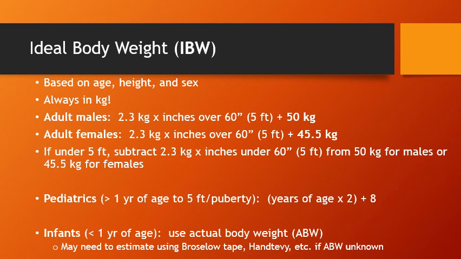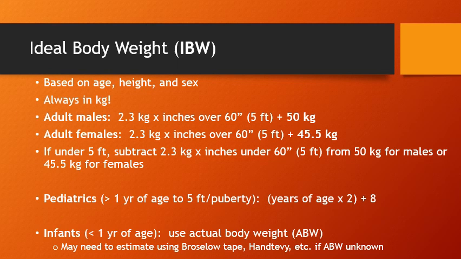So, for adult males, this is very important. To calculate the adult male's ideal body weight, you're going to take 2.3 kilograms multiplied by the number of inches over 60 inches that the patient is. 60 inches is also 5 feet.